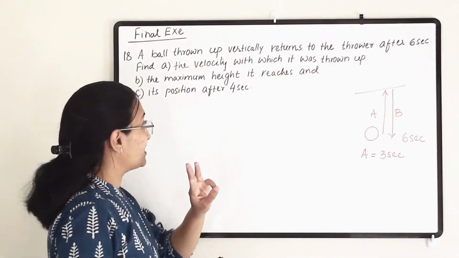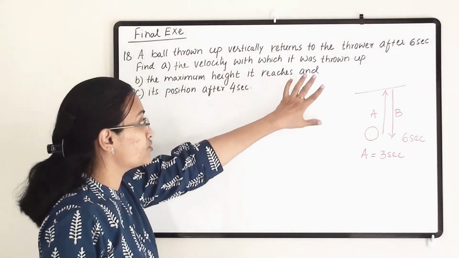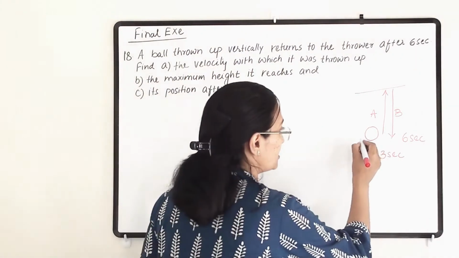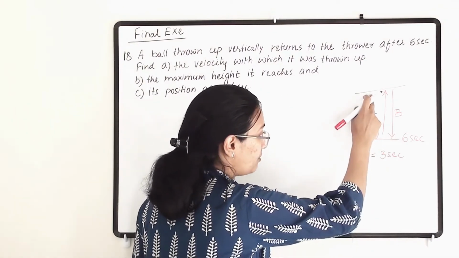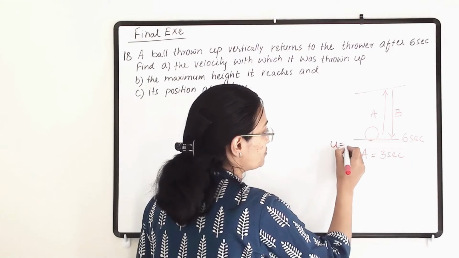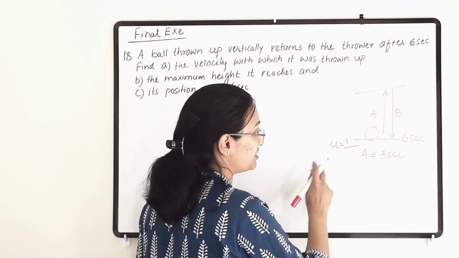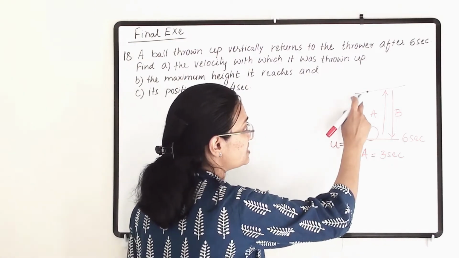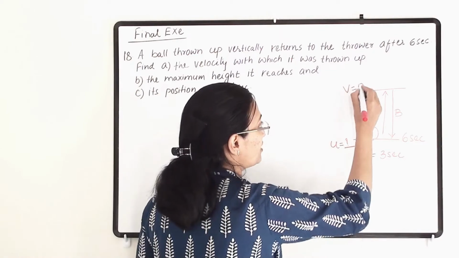Now we have to find out 3 things. First thing is the velocity with which it was thrown up. So here 2 velocities will be there. When it is going up, that velocity is going to be u, and that we have to find out. Initial velocity we have to find out. But once it reaches the top, its final velocity is going to be 0.